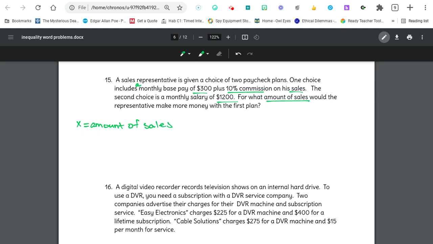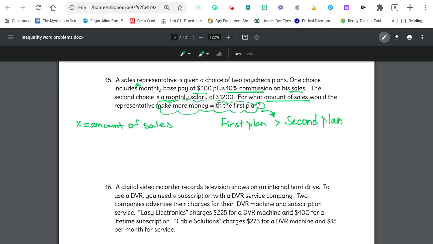So when would the first plan be greater than the second plan is what it's asking, guys. So you have to use greater than, because you're making more with the first plan. So the first plan should be greater than the second plan. That's how I got that, okay?